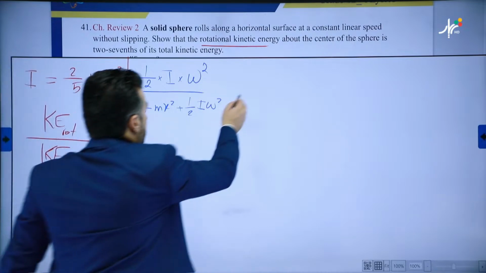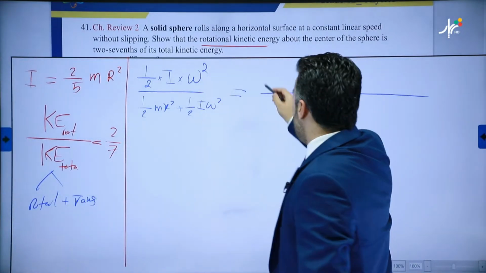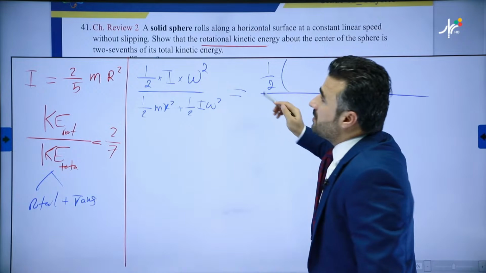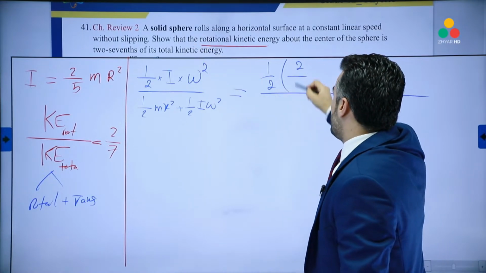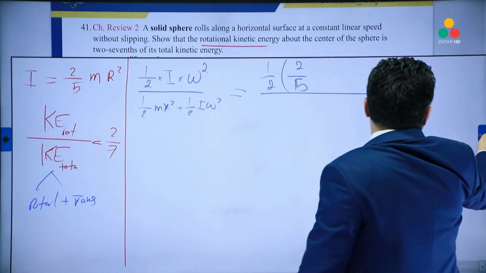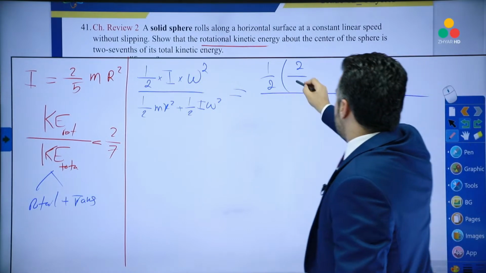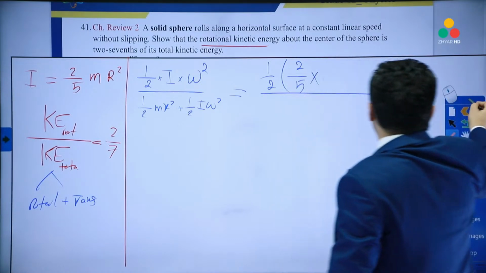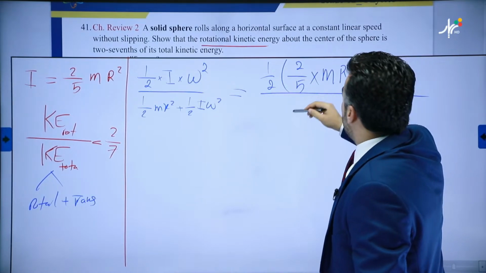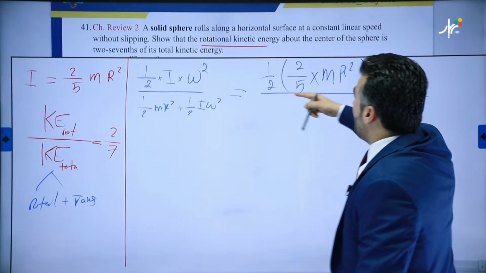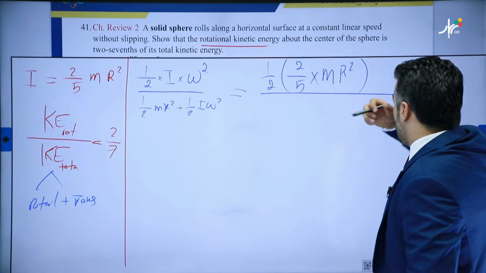Now, extending this, what is the moment of inertia for a solid sphere? Once again, for a solid sphere, it is 2 over 5, not 15. This is 5, and then multiplied by, once again, mass times the radius squared. And then multiplied by omega squared. What is omega squared, by the way?